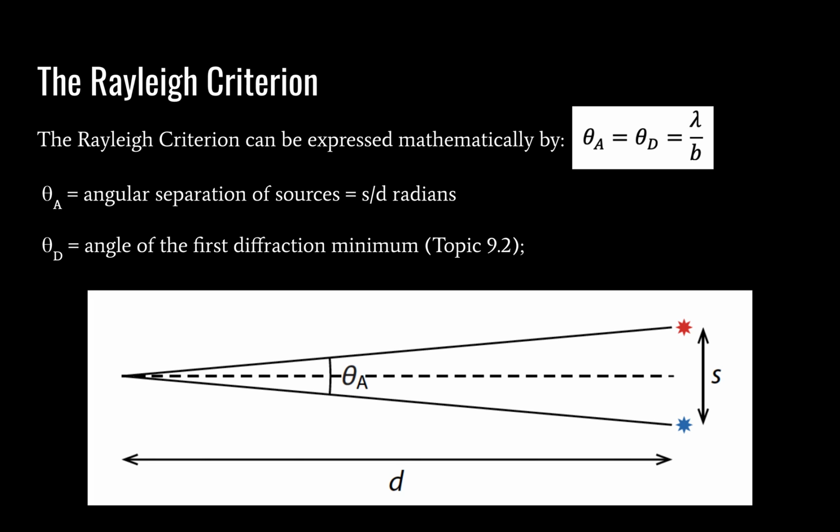Theta sub D is equal to the angle of the first diffraction minimum, and B is equal to slit width.